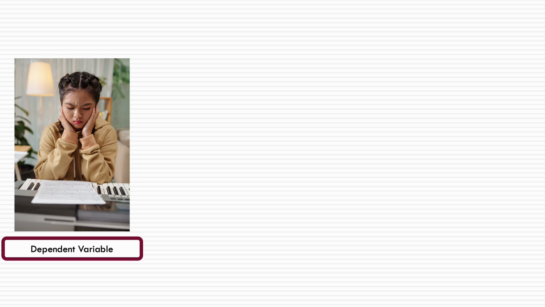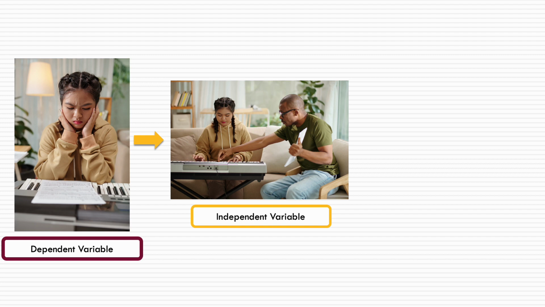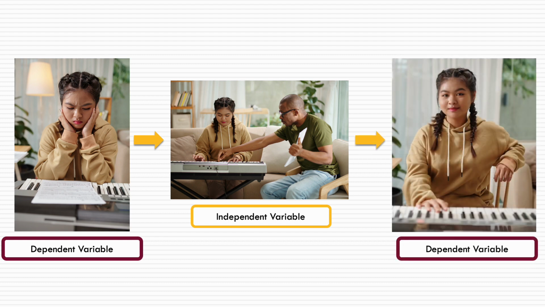So that's our dependent variable, the thing we want to affect change on. If we get her lessons with a music teacher, that's our independent variable. That's the thing we've introduced to cause change.